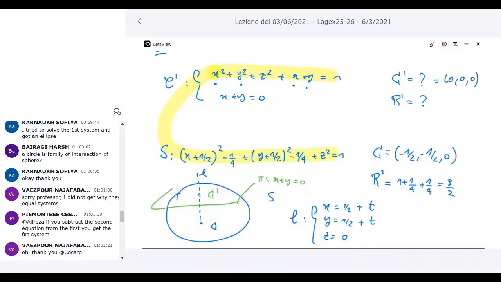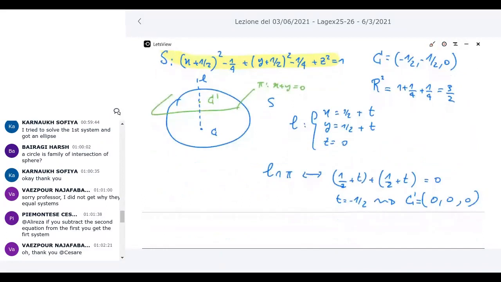Now, how do you get the radius of the circle? Well, we need to remember what we learned last time. So that the radius of the circle is related to the radius of the sphere by the distance. So what we get is that the radius of the circle squared is equal to the radius of the sphere squared minus the distance of the plane from the center of the sphere squared.